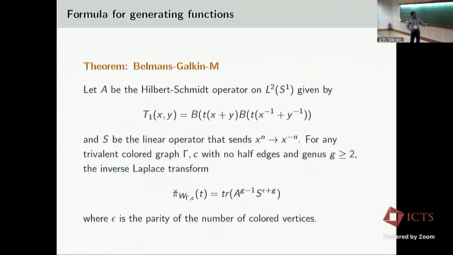So in particular, what I'm saying is that on the left hand side, it doesn't matter what graph you take, but the right hand side is independent of the graph. That's what is expected, and this is the concrete formula. So this is a very efficient formula. You can put it in your computer and generate it for many genera, and then try to understand. And we actually proved some identities combinatorially that we couldn't have guessed earlier.